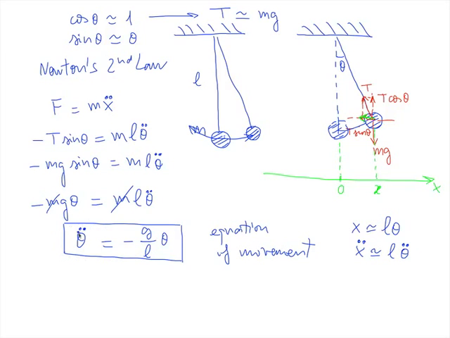This equation is the equation of a harmonic oscillator. We can identify that this is the equation of the harmonic oscillator. And from the theory of the harmonic oscillator, we know that the coefficient here gives us the frequency of the movement.